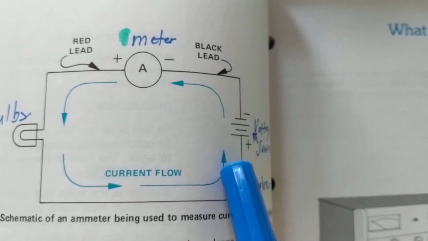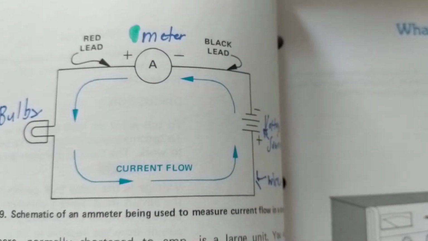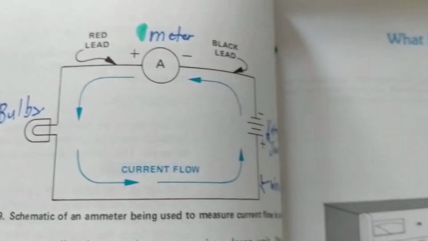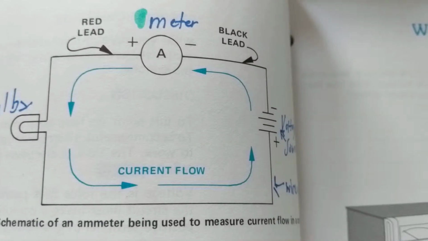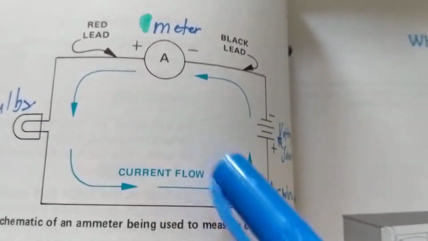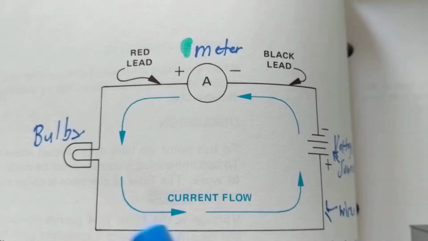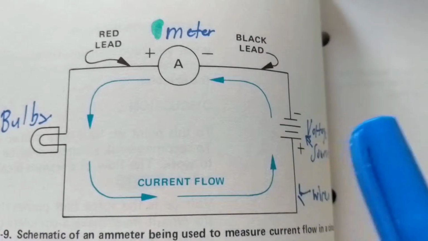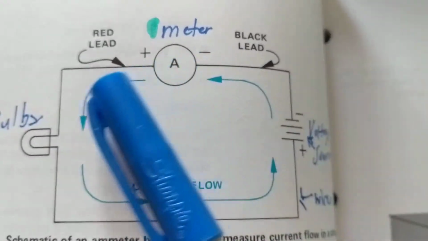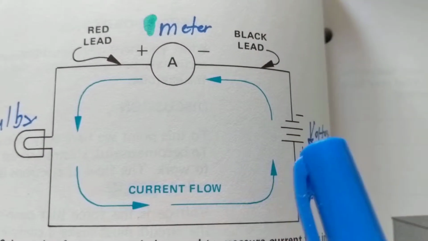Conventional flow goes from positive to minus, such as in automotive. The basic idea is it doesn't really matter the direction as long as we have current flowing to the bulb to make it light. Therefore, in this case, we're going to go by minus to plus.